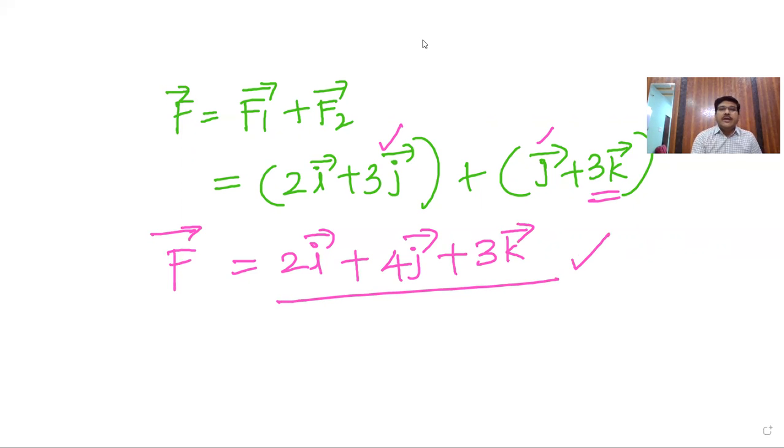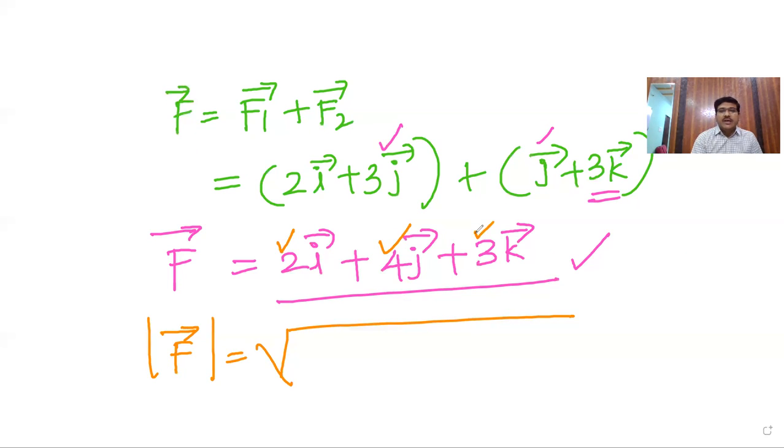Now, he is asking the magnitude. What is the magnitude? The modulus of F is the square root of the sum of the squares of the coefficients: 2 square plus 4 square plus 3 square.